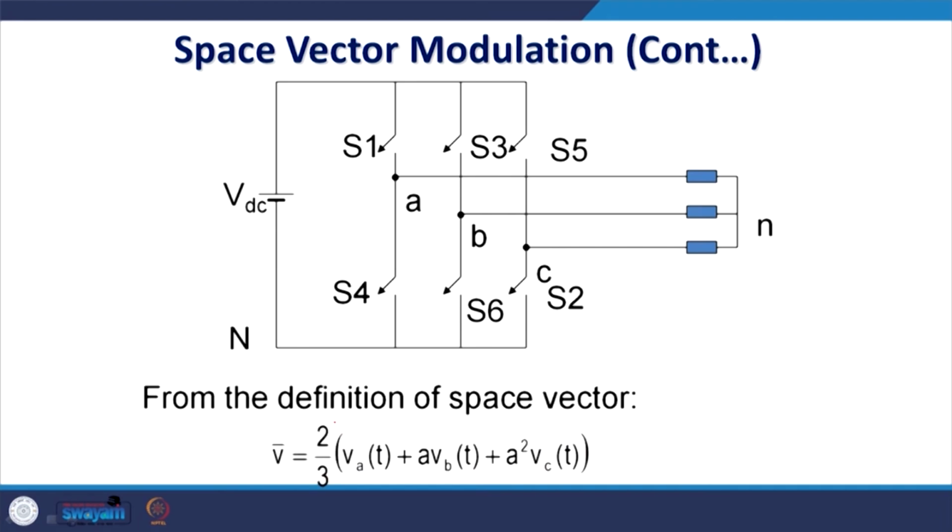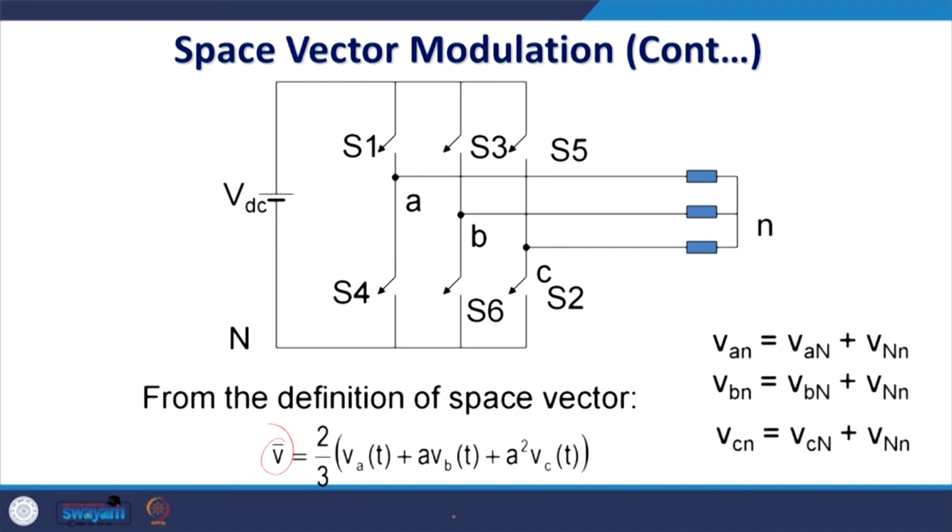We know that this is the angle. So, from there we can calculate the magnitude, that is 2/3 of VA plus VB times a plus VC times a square, where a is just a 120 degree phase shift. Similarly, you have 3 pole voltages.